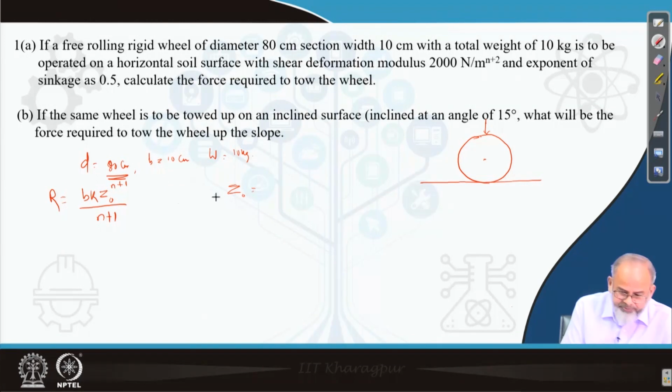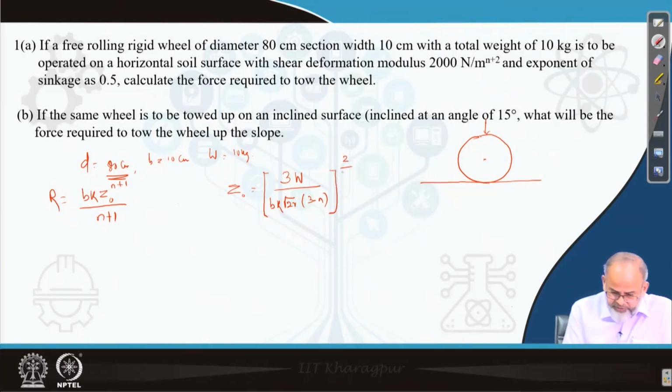So, the expression for Z0, if you look at Baker's equation, is Z0 equal to 3 W by B K square root of 2 R into 3 minus n, raised to the power 2 by 2 n plus 1.